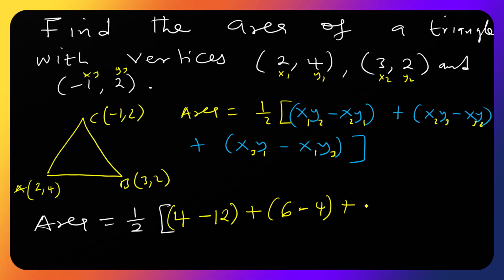And the last set, x3 y1: x3 is minus 1, then y1 is 4, so that will be minus 4, minus x1 y3, 2 times 2, 4.